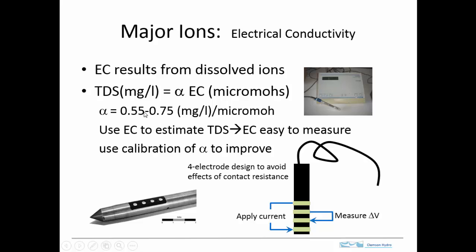When you use an electrical conductivity meter to estimate TDS, it'll be set up with a default factor that's somewhere in this range typically. And then what you can do is calibrate that factor for the water type that you're measuring to get it to be a little bit more accurate.